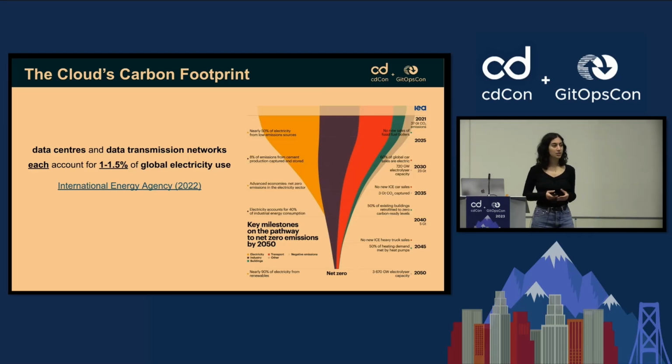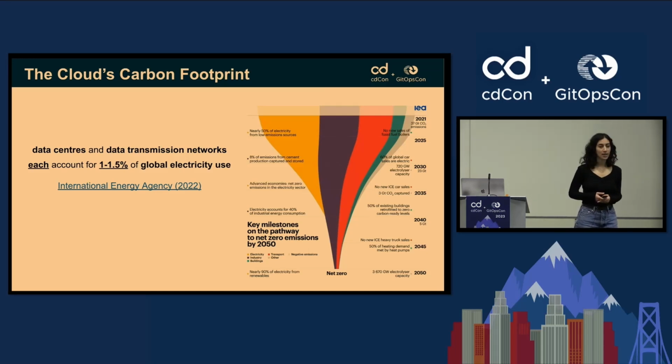But the International Energy Agency, the IEA, has some numbers about data centers and data transmission networks, where each account for 1 to 1.5% of global electricity usage, which is about 3%. There's other numbers that measure the ICT industry as a whole to be around 4%.